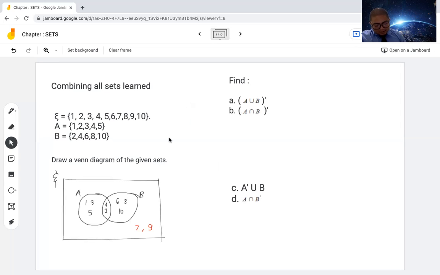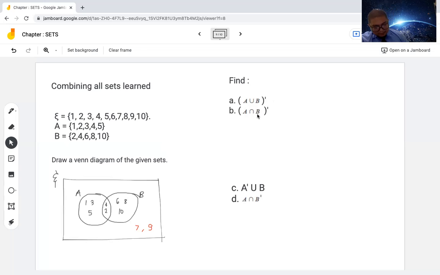Okay, so now let's try to answer letters A, B, C, and D here. What you need to do is write the list down in set notation, the answer for A union B prime, and A intersect B prime.